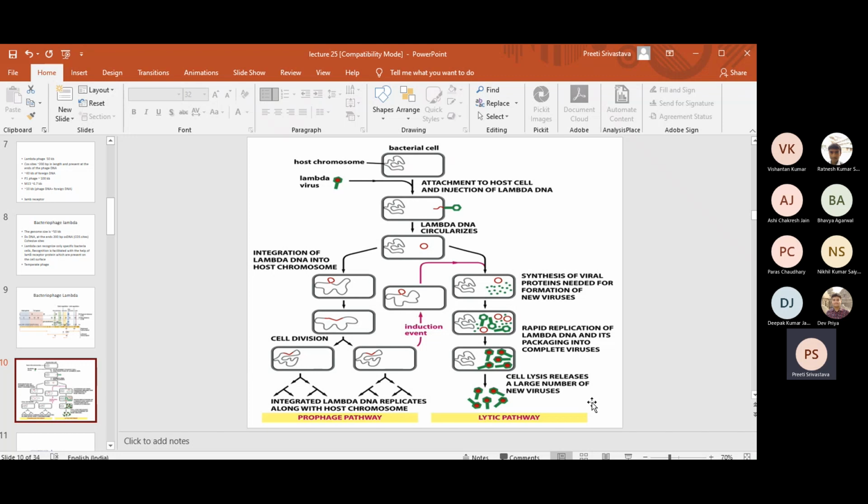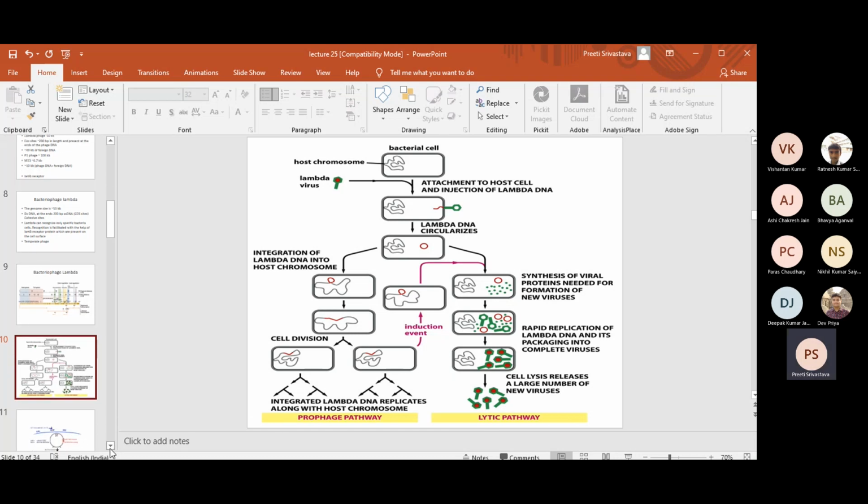The answer is no. It cannot integrate anywhere in the chromosome. It integrates at sites which are called att or at sites. At is for attachment. So it integrates at these sites in the chromosome. If you do not have at sites, it cannot integrate in the chromosome.